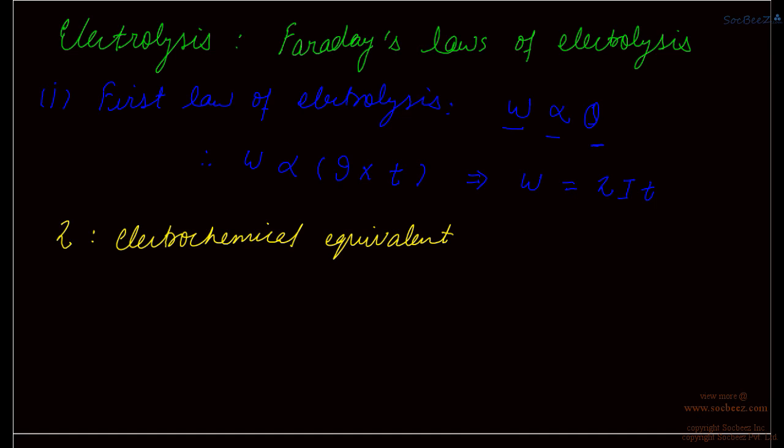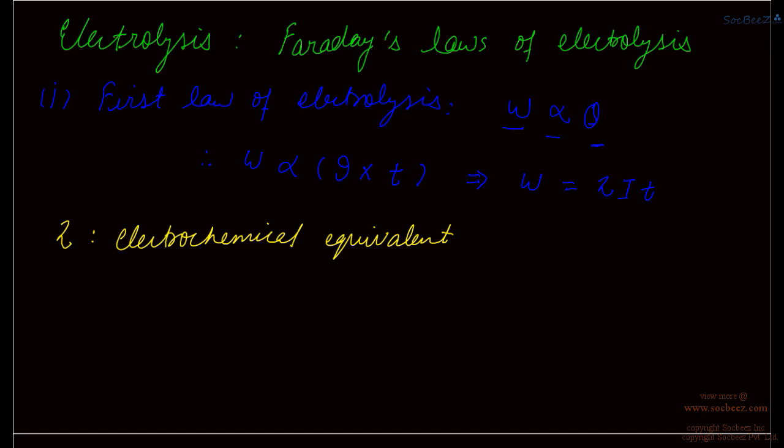It can be verified: if we keep I equals 1 ampere and T equals 1 second, W will be equal to Z. Hence we can say that it is the amount of substance deposited in gram either by passing 1 coulomb of charge or by passing 1 ampere of current for 1 second.